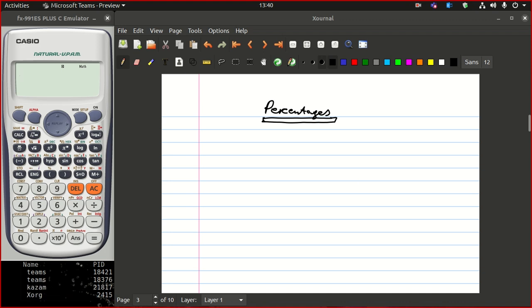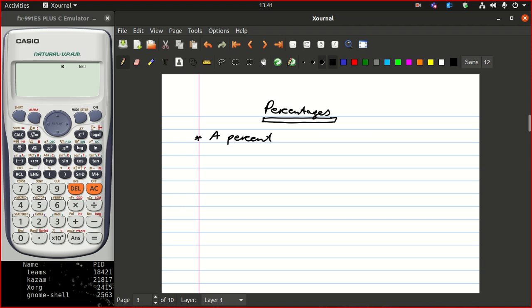Let me write this as a definition, so that when you're revising, you will be able to understand what a percent is.